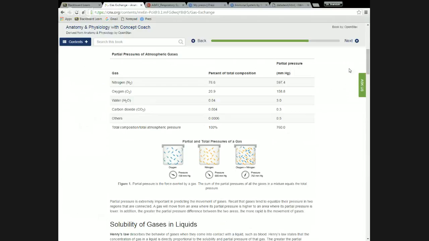Because the partial pressure of oxygen in the air we inhale is higher than the partial pressure of oxygen in our blood, oxygen preferentially moves into our blood. The partial pressure of carbon dioxide in our blood is higher than the partial pressure of carbon dioxide in the air that we breathe, so it preferentially moves out of the blood. Those two are acting independently. The partial pressure of oxygen moves oxygen into our blood. The partial pressure of carbon dioxide moves carbon dioxide out of our blood.